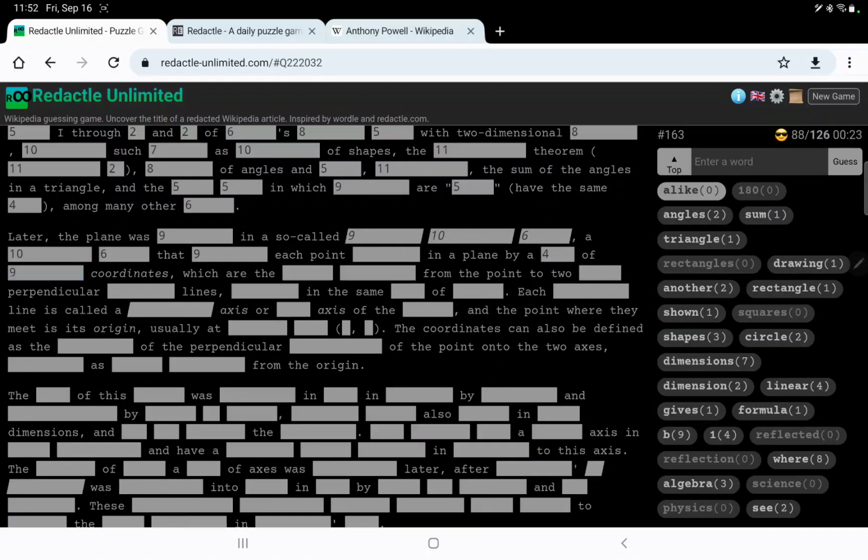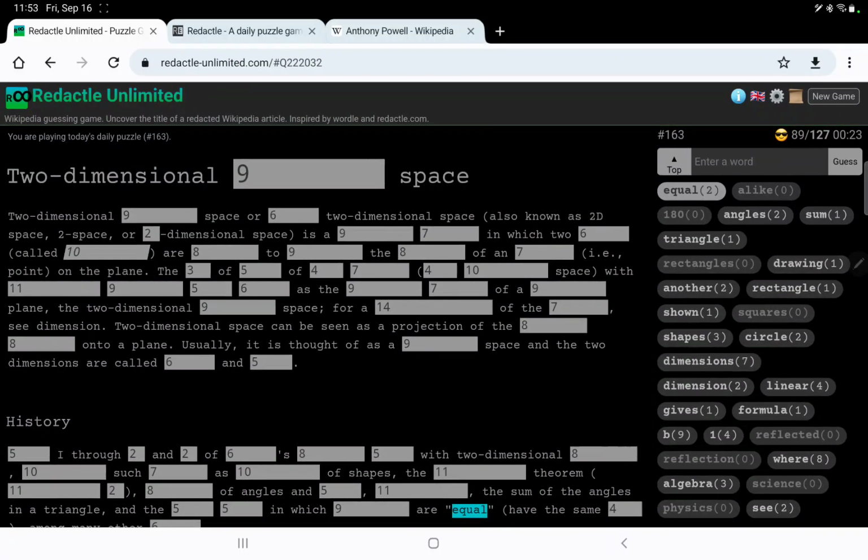By a something of coordinates, to two equal? No, oh, we do have equal. Yeah, I'm not sure I'm getting any closer to getting this nine-letter word. Even if I could get the six-letter word, I think it would be a help.